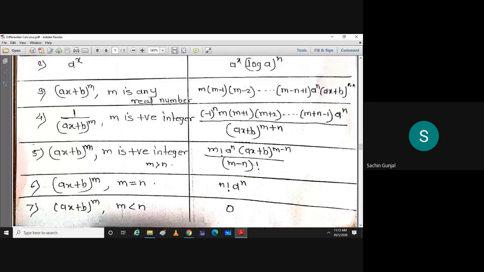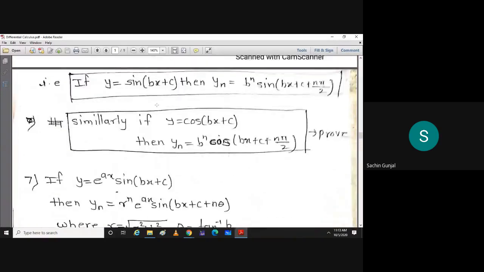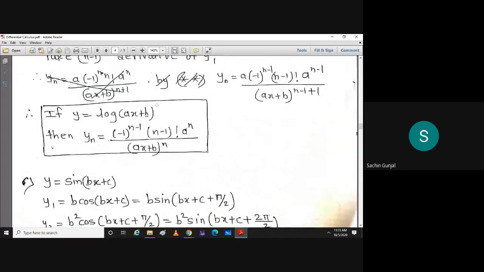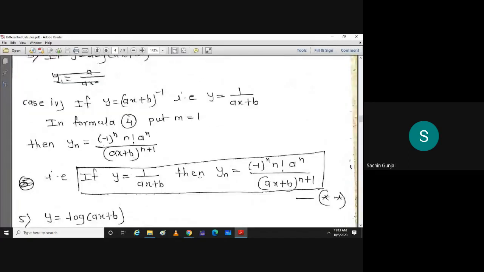This we have derived, here it is, 1 upon x plus b. And how to get this formula?